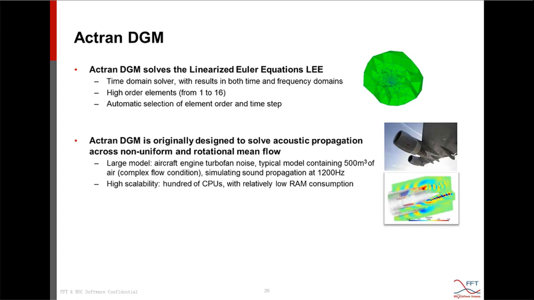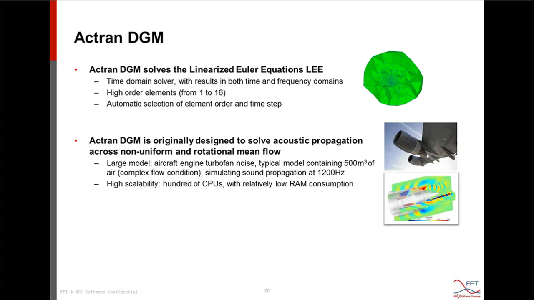Initially, Actran DGM was developed for aircraft engine acoustic propagation, so acoustic propagation in a very non-uniform and rotational flow, as is the case for the exhaust of an aircraft engine. Its attribute is to be able to deal with very large models.